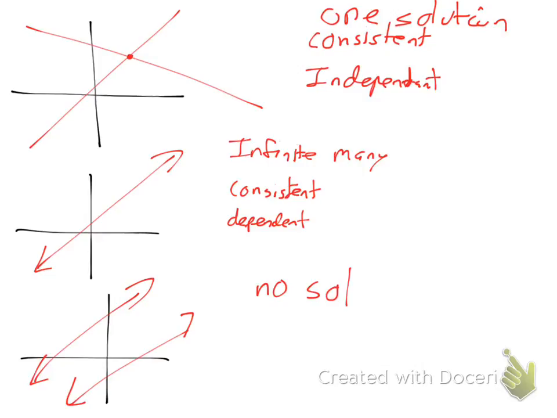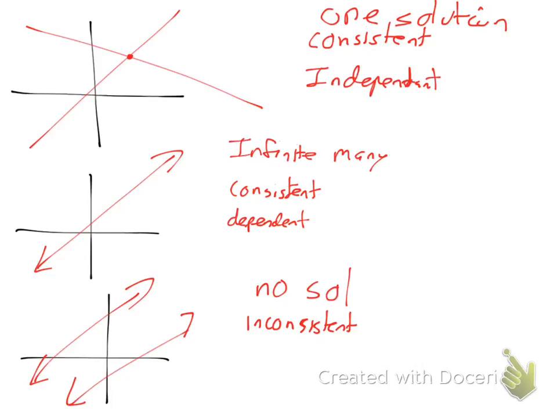If it has no solution, it's inconsistent. And we don't have to say anything about dependent and independent, because it only matters when there is a solution.